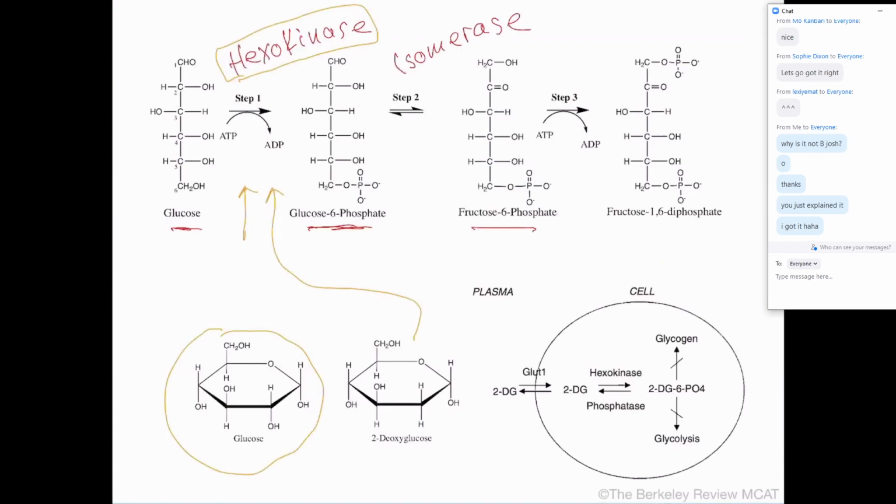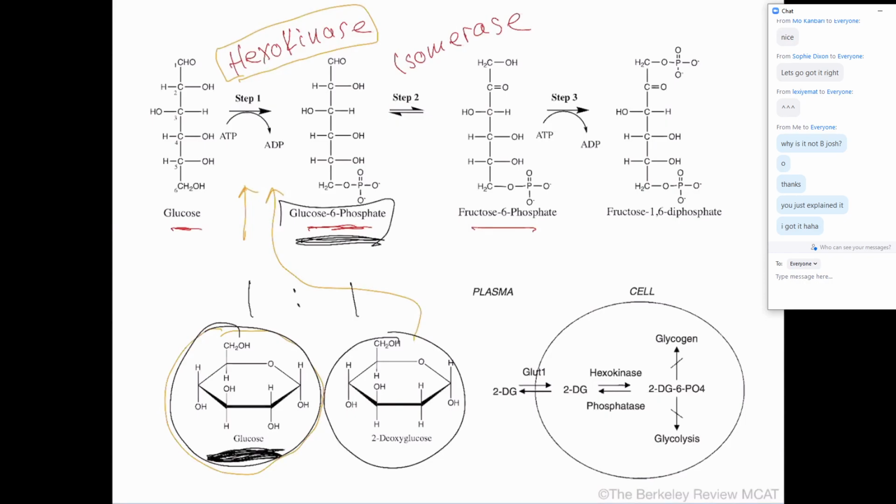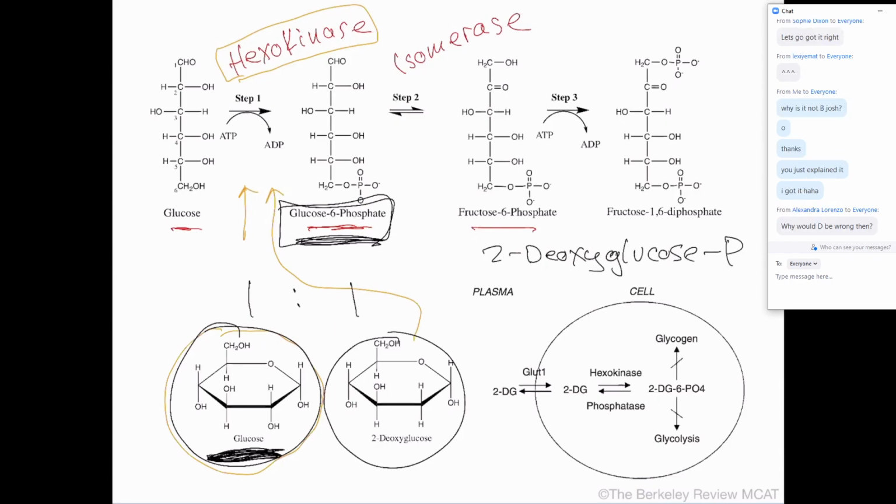Because if we're feeding a mixture of glucose in a 1-to-1 ratio with 2-deoxyglucose, you're going to have an overall lesser amount of glucose, so you're going to have a lesser amount of glucose 6-phosphate. Does that make sense? You're going to end up with 2-deoxyglucose phosphate, and you're going to end up with glucose 6-phosphate.